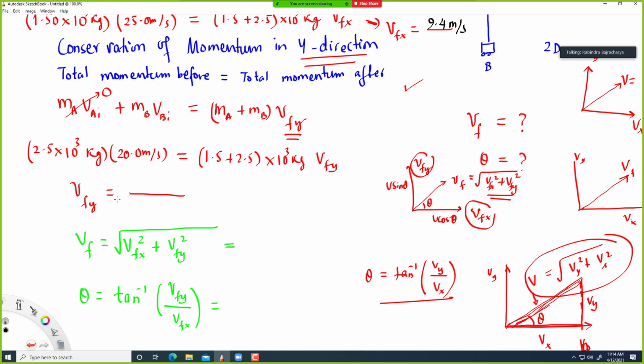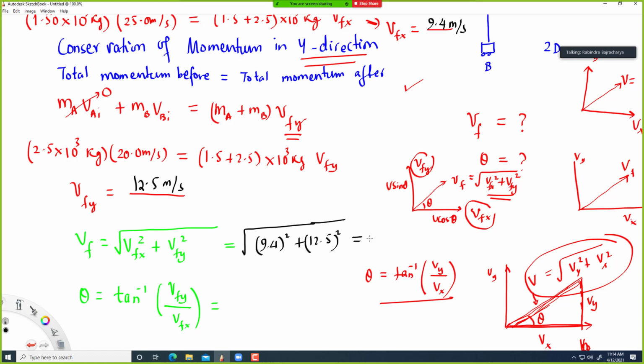What did you get for Vfy? 12.5. Okay. 9.4 squared plus 12.5 squared, and take square root of that.